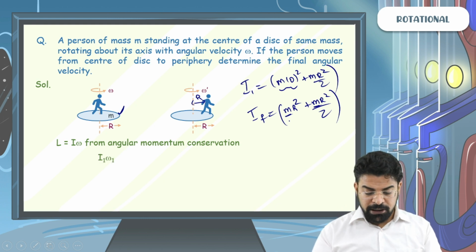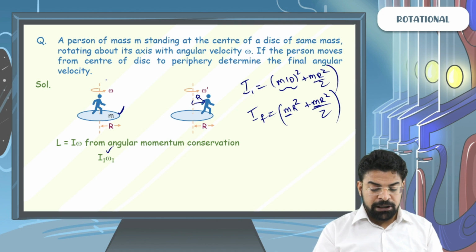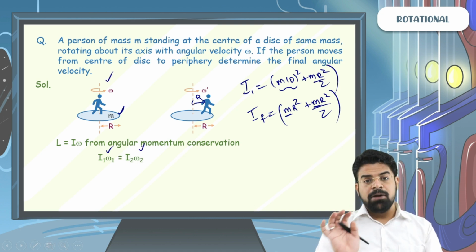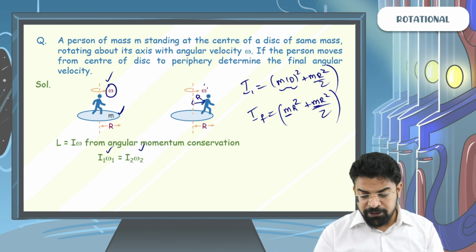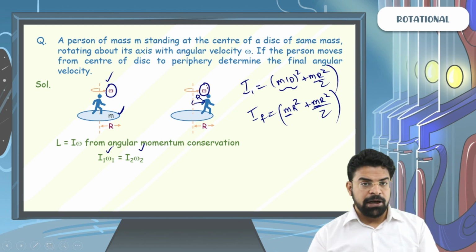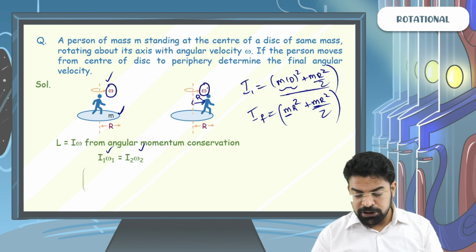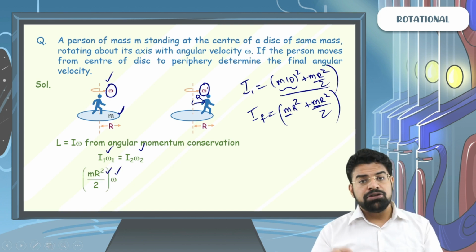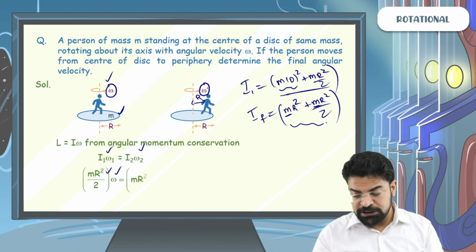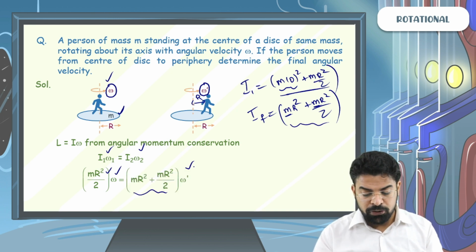So you can say I1 omega 1, initial moment of inertia into initial omega, equals I2 omega 2, the final moment of inertia into final omega. Initial angular velocity is given to us as omega, and we have assumed the final angular velocity as omega dash. So the initial moment of inertia, which is mr square by 2 into initial omega, has to equal the final moment of inertia, which is mr square plus mr square by 2 into omega dash.